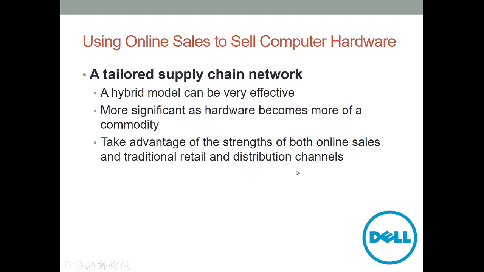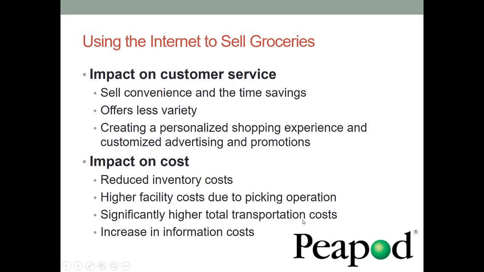This is how to manage the supply chain network. It is recommended that a hybrid model can be very effective, which is more significant as hardware becomes more of a commodity. So they have to take advantage of the strengths of both online sales and traditional retail and distribution channels combined together.